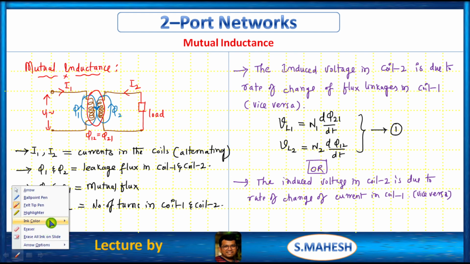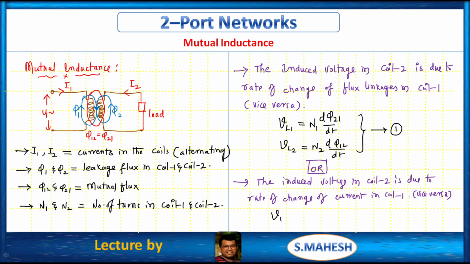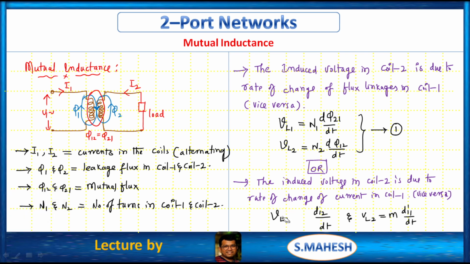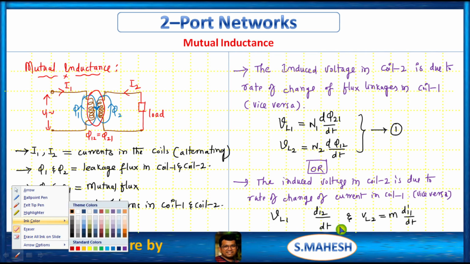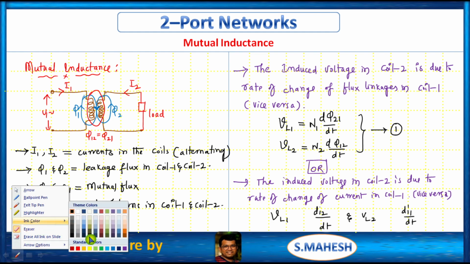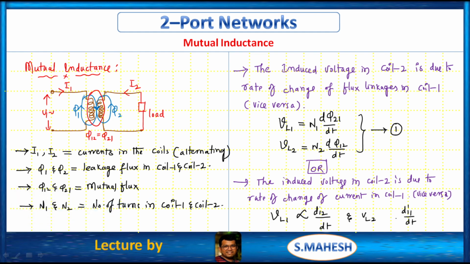So from this, VL1 is proportional to di2 by dt, and VL2 is proportional to di1 by dt.